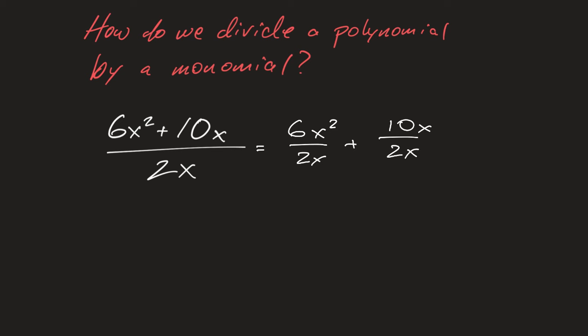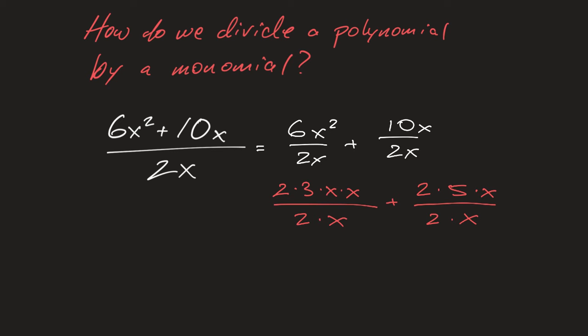I'm going to rewrite these and expand them out. Factor the 6 as 2 times 3 times x over 2 times x plus 2 times 5 times x over 2 times x. And this is from factoring.